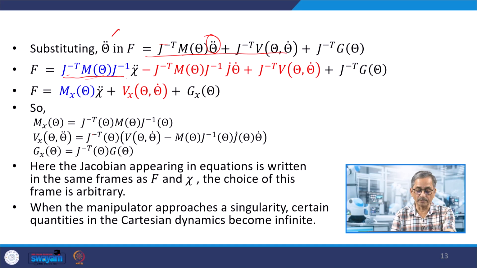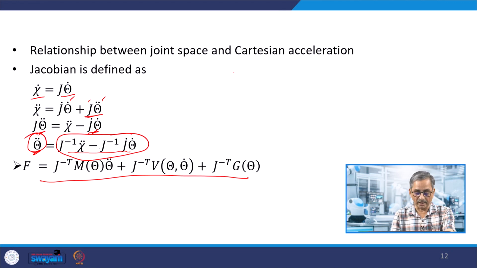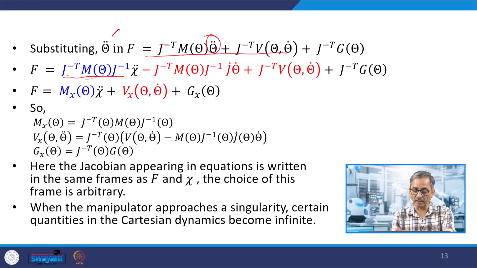So, I have this J inverse chi double dot, and the other term is J inverse J dot theta dot. Other terms are as they are. Now, I can write this in this form.